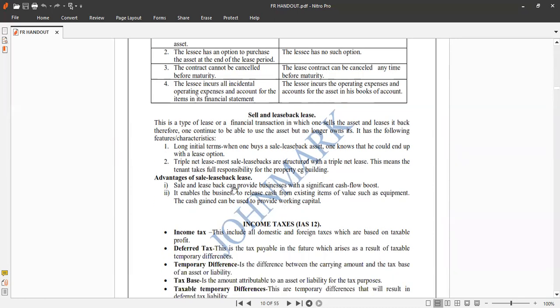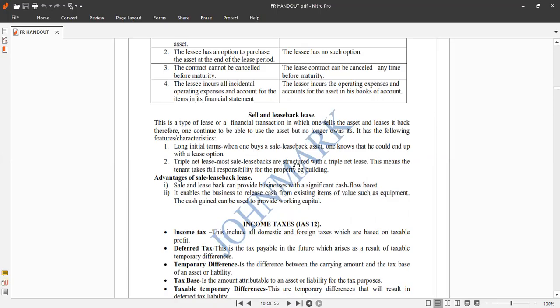And we have the advantages of sale and leaseback. The major advantage is that sale and leaseback can provide the business with a significant cash flow boost. Also, it enables the business to raise cash from existing items of value such as equipment. The cash gain can be used to provide working capital. For example, you have a machine worth 10 million.